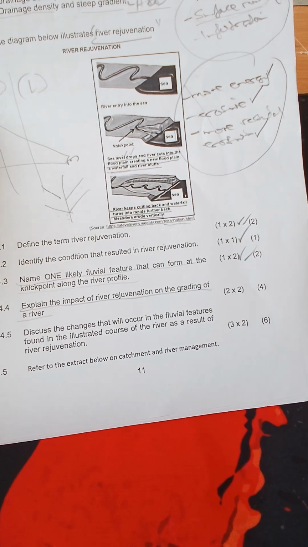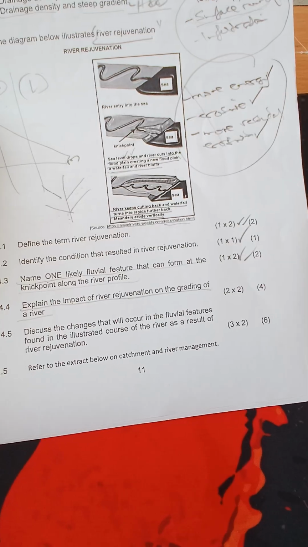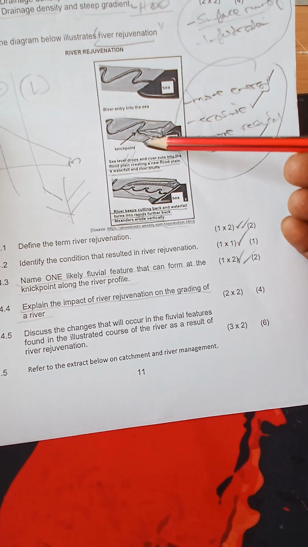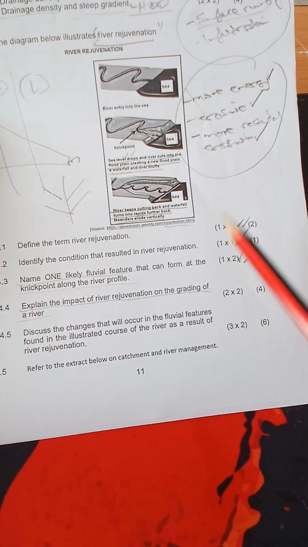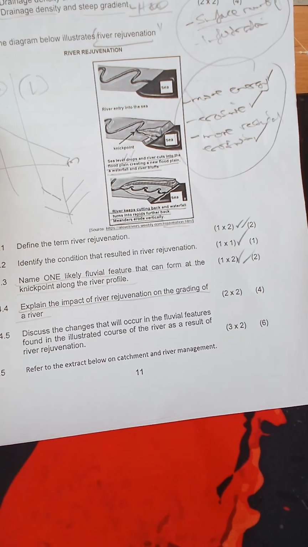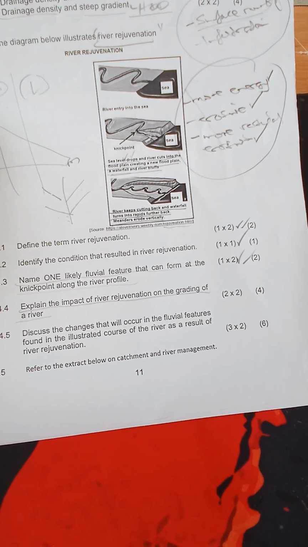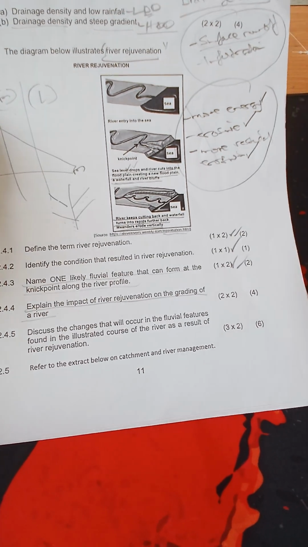Then overgraded rivers: renewed downward erosion now takes place, with vertical erosion dominant downstream of the nick point. The balance between erosion and deposition is now disturbed because we have more erosion than deposition, so it changes from a graded to an ungraded profile.